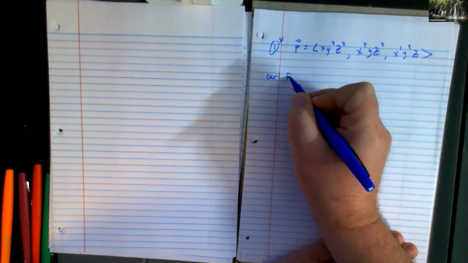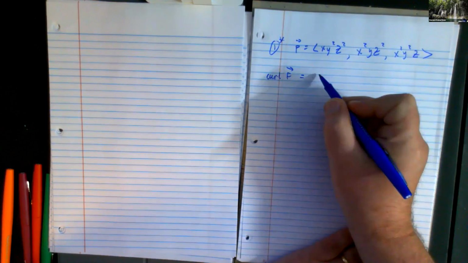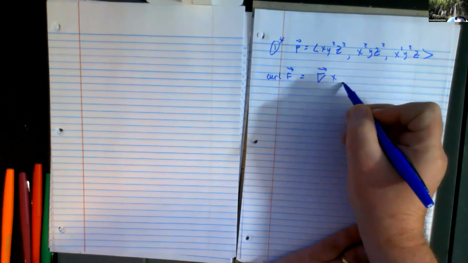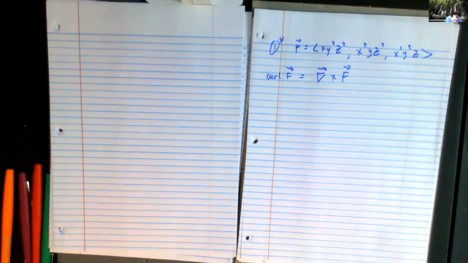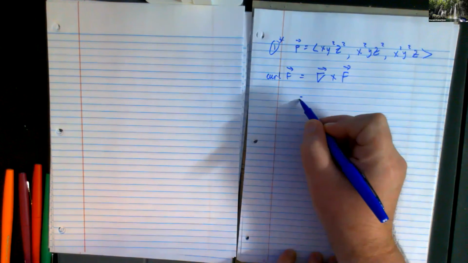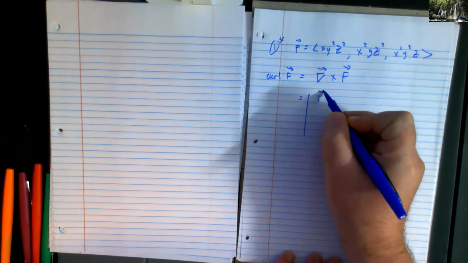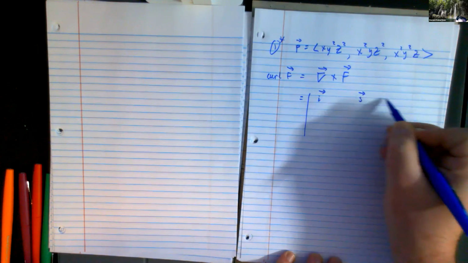Right, to get the curl, we'll do the cross product one. It's going to be i, j, k.